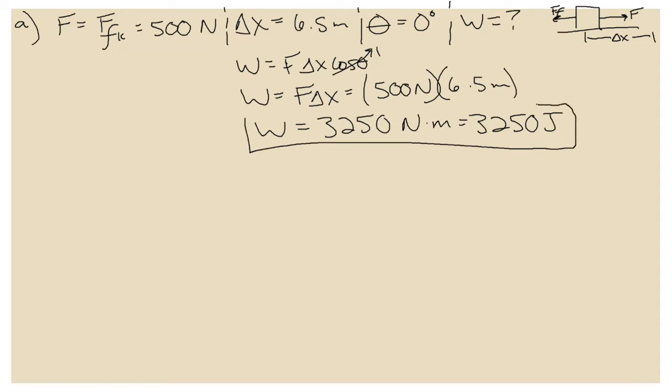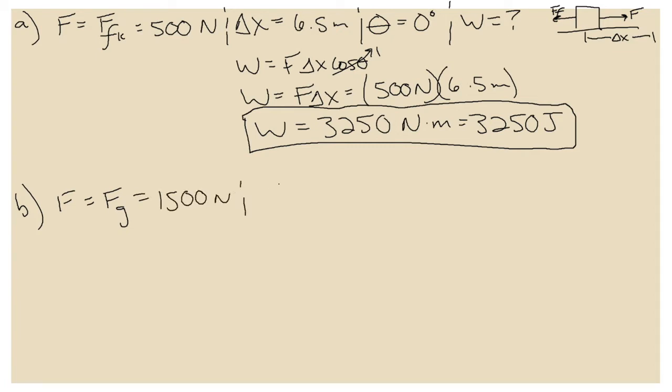And that's it for part A. For part B, the force here that we're applying to lift the crate vertically is going to be equal and opposite to the weight of the object, which is 1,500 newtons. And of course here, the displacement that's experienced by the crate is going to be that same 6.5 meters.